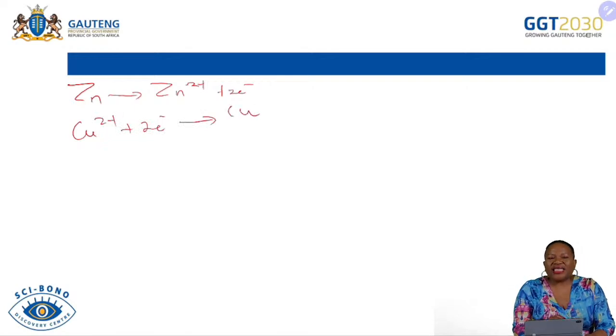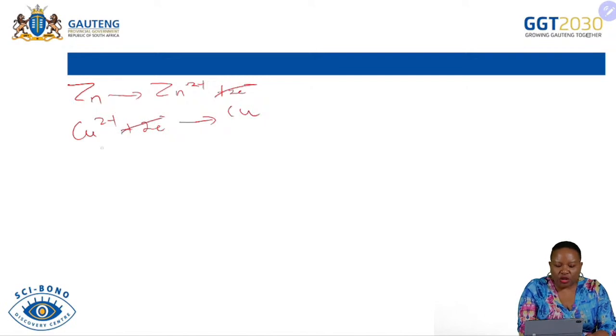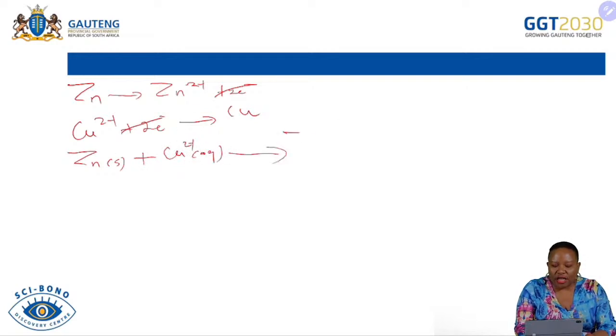So if you write our overall reaction, zinc will undergo oxidation and lose electrons, and those electrons will be gained by copper aqueous, which is our copper ions. And zinc, after losing, becomes zinc 2 plus ion. And copper ions, after gaining, become copper solid.